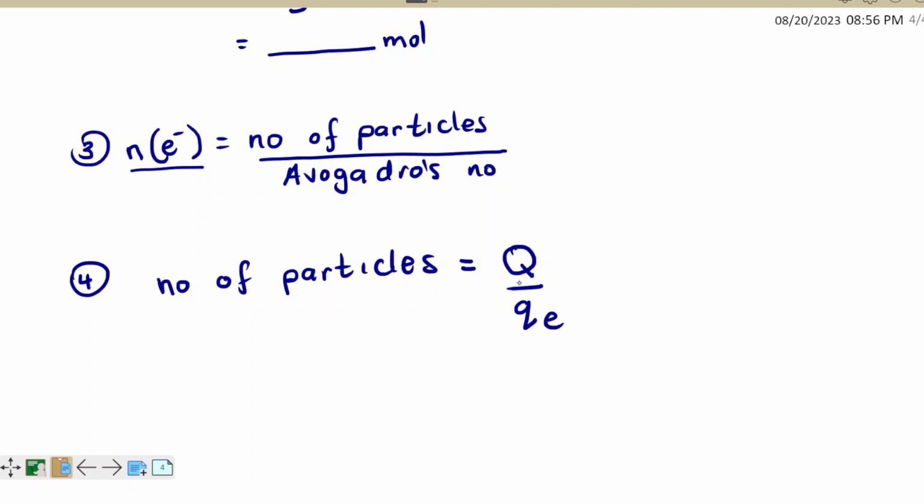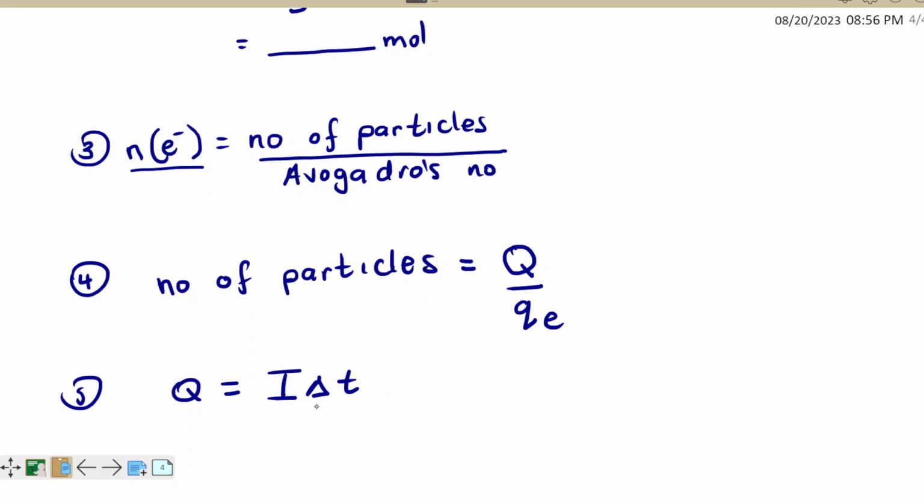The number of particles, or the number of electrons, is equal to the amount of charge divided by the quantization of charge. But how to get the amount of charge? The amount of charge, Q, is equal to the current multiplied by the change in time.